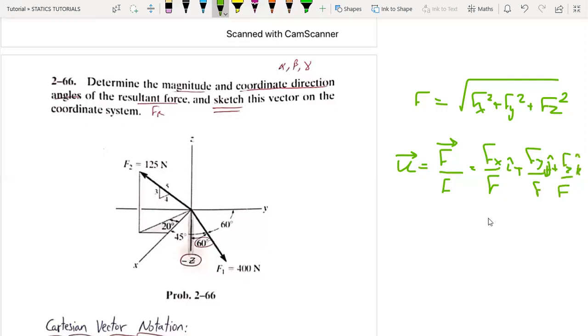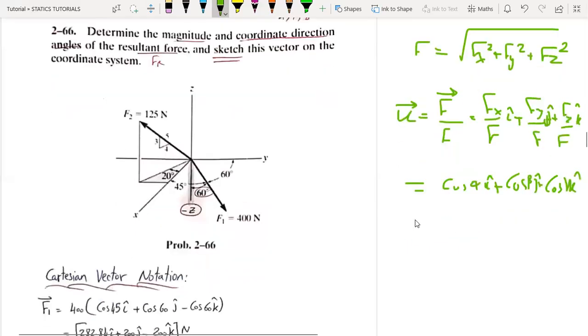which is also equal to cosine alpha i hat plus cosine beta j hat plus cosine gamma k hat. And alpha, beta, and gamma are the angles measured from the positive x, y, and z axes, having the range from 0 to 180 degrees.